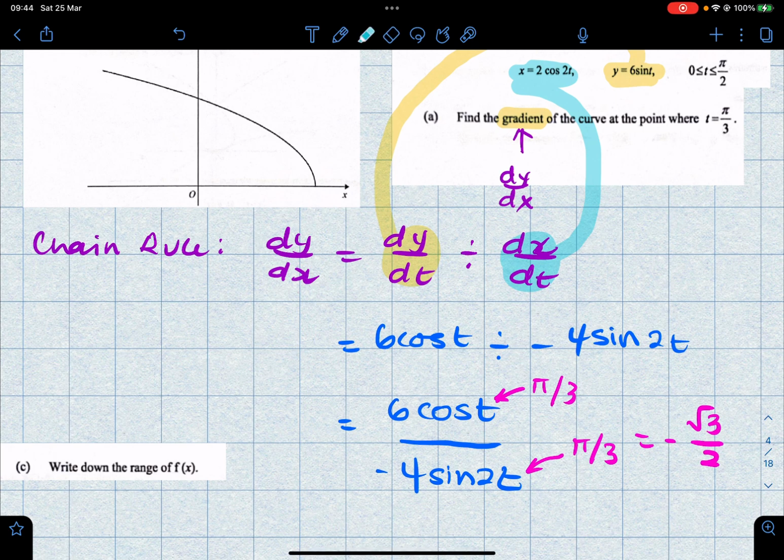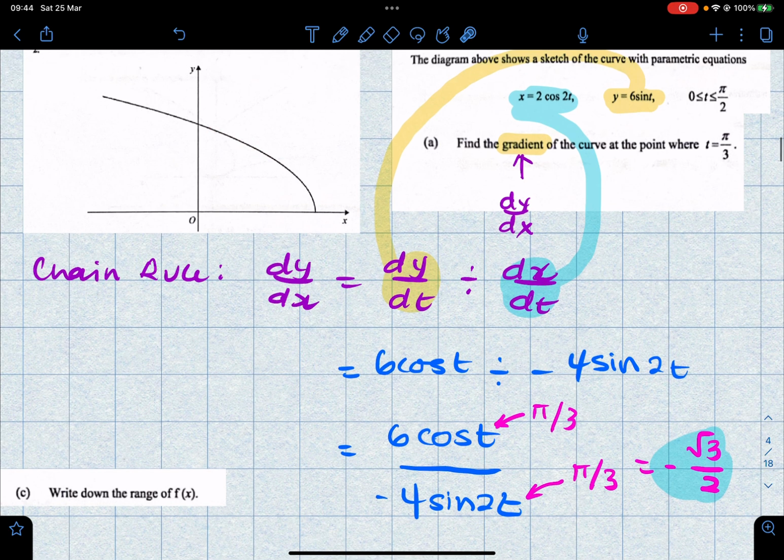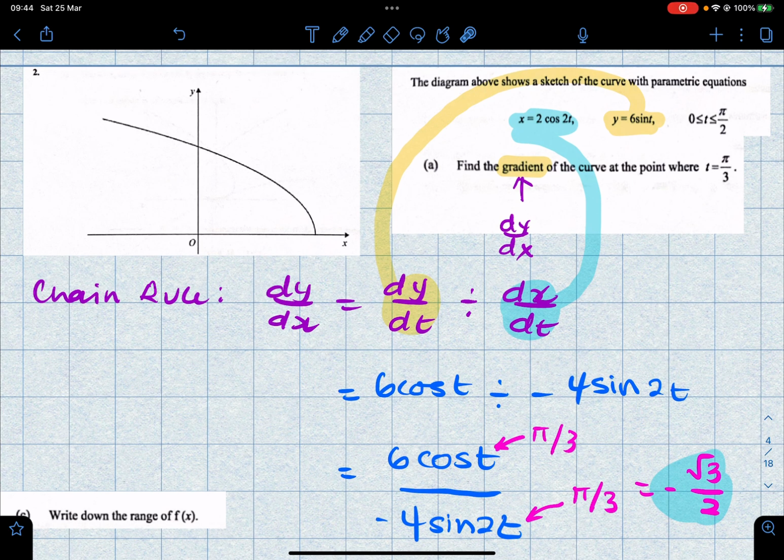So this is the value of the gradient at the point where t equals pi over 3. So it's the gradient of the curve at a particular point. All right, so that's part A.